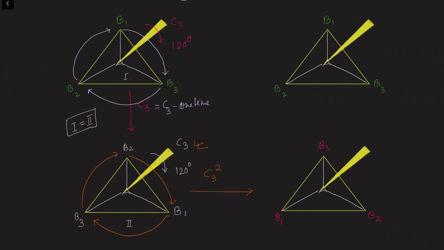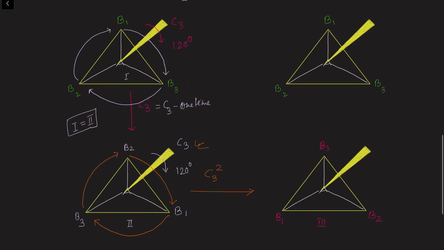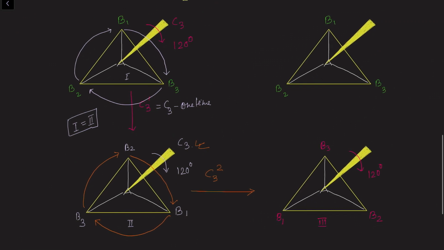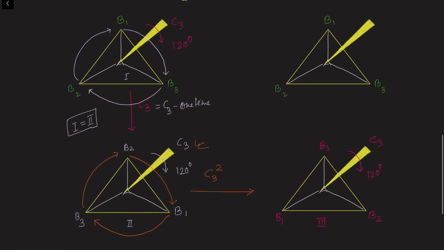correct? Now again perform one more C3 operation on the third structure, the third geometry. So now we rotate this molecule by 120 degrees and perform the C3 operation here.